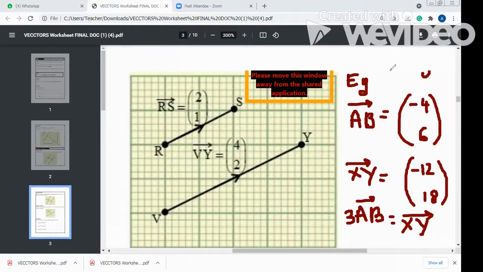Hold on, say that again. Negative 4 divided by negative 12, you would get 3. And 6 divided by 18, you would get 3.